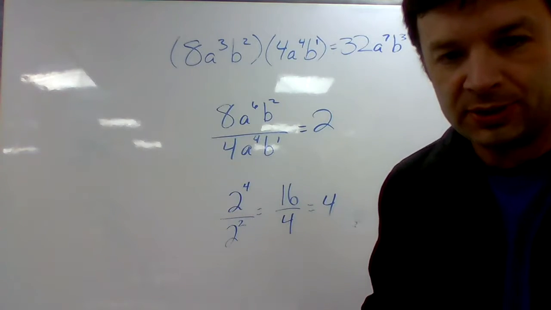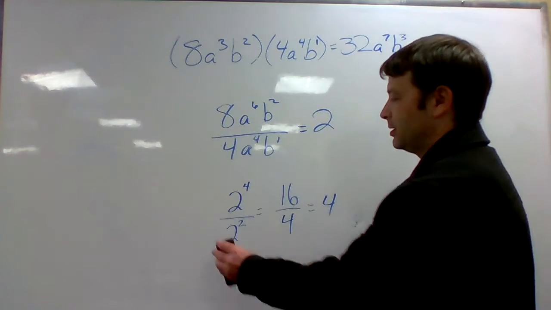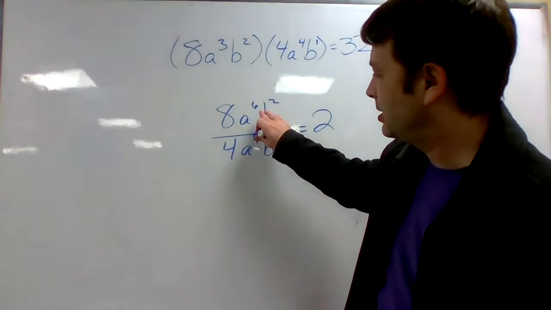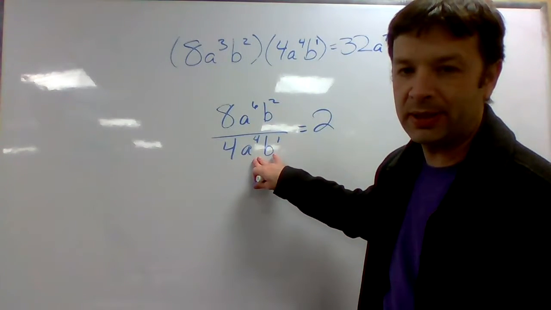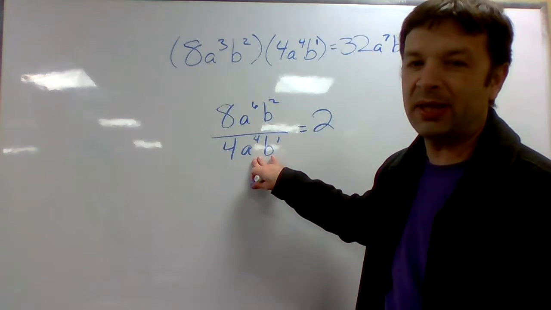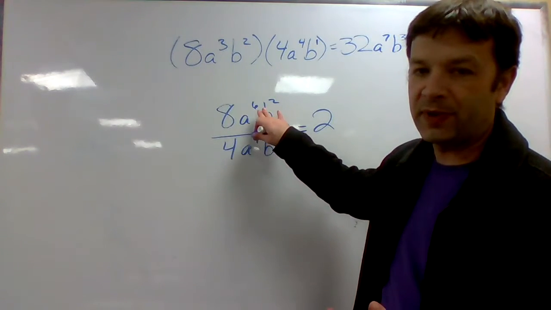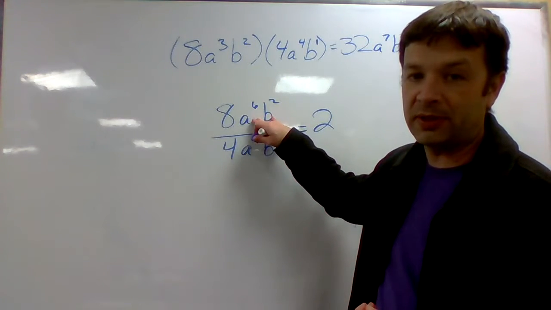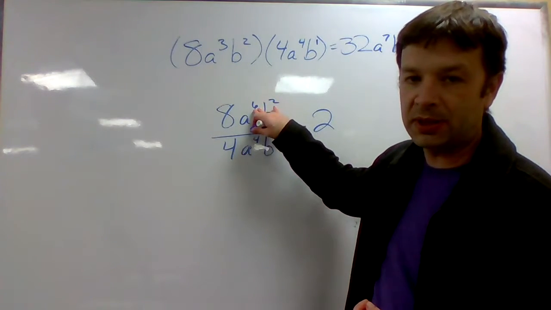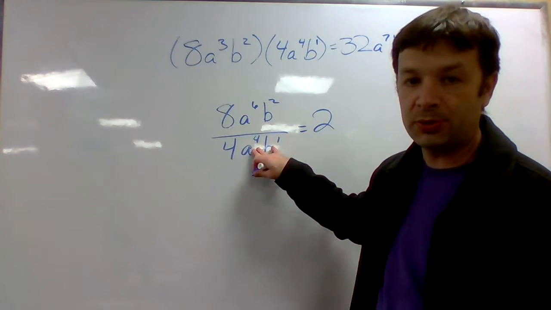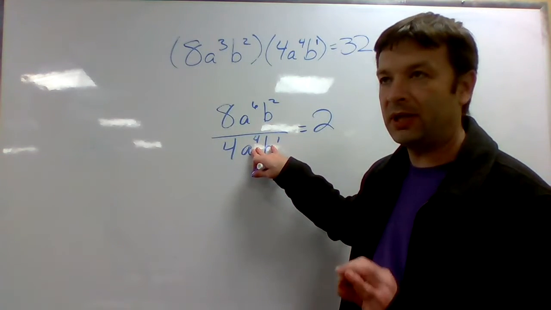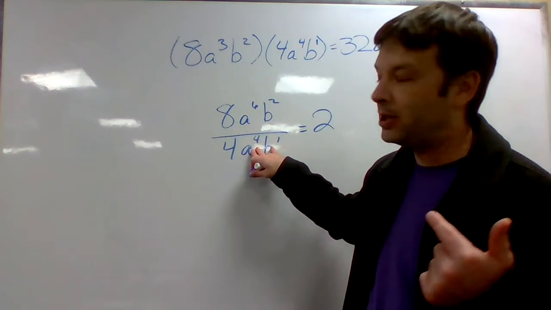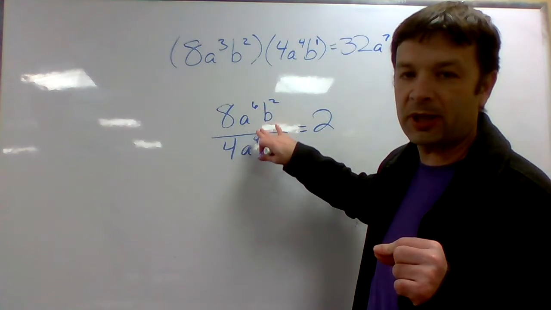So the rule is when you have the same base and you're dividing, then you just subtract the exponents because they cancel each other out. So if there's 6 on top and 4 on bottom, they're going to cancel out. That's going to still leave 2 on top because 6 minus 4 is 2. That's all you have to do. If you didn't understand why it works, that doesn't matter too much. It helps you remember, but you can still do it. 6 minus 4 is 2.